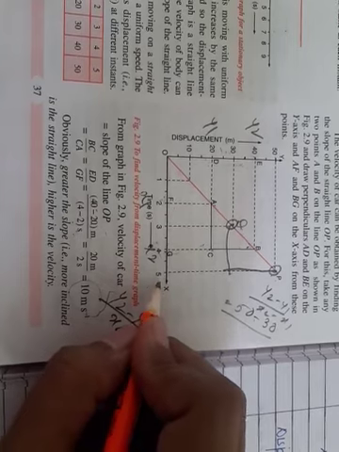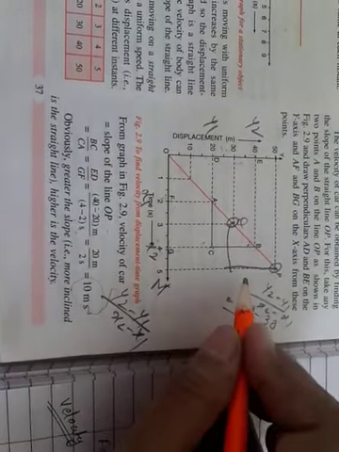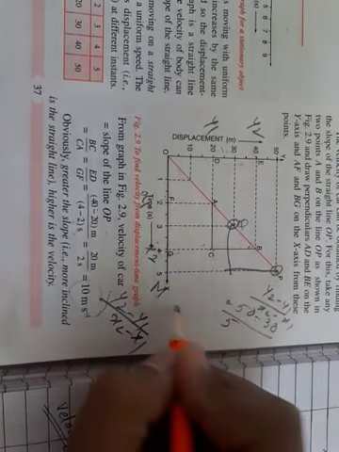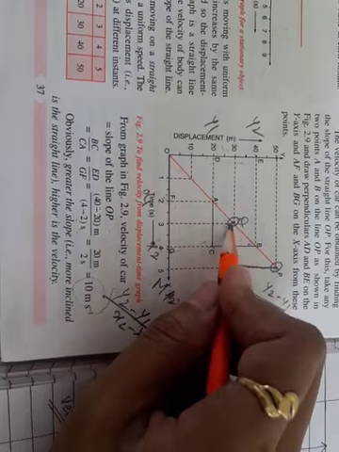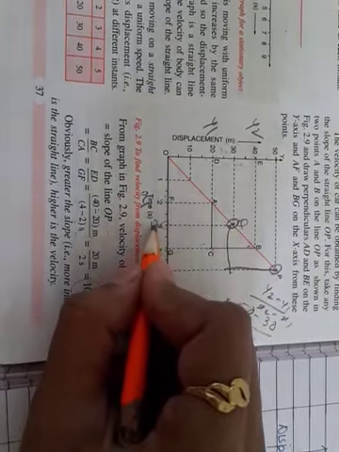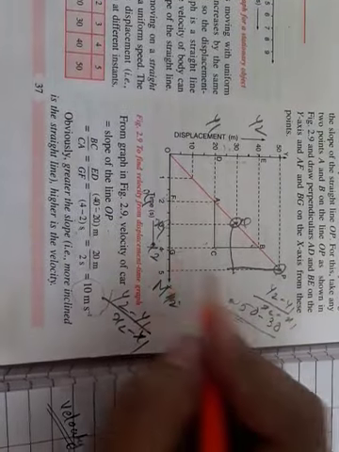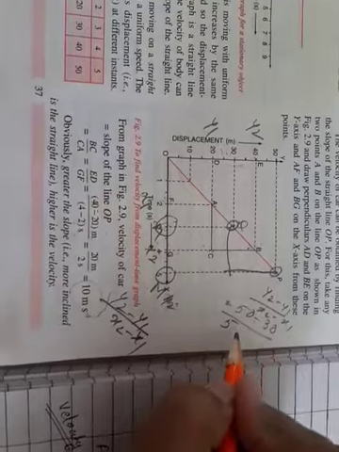P corresponds to, say, m, which is 5. This is x2, and q corresponds to 3. This is x1. So here x2 minus x1 is 5 minus 3.